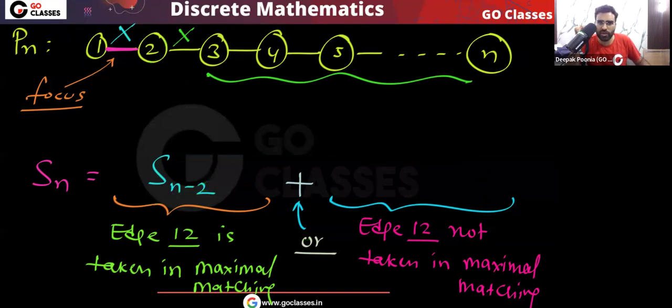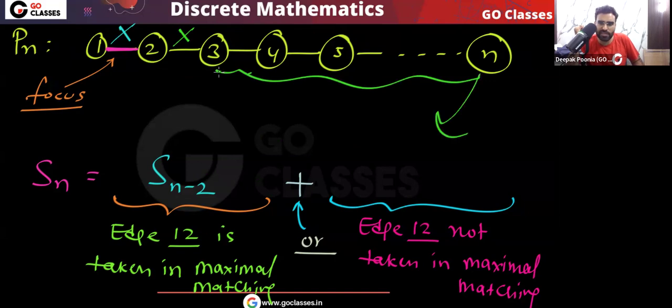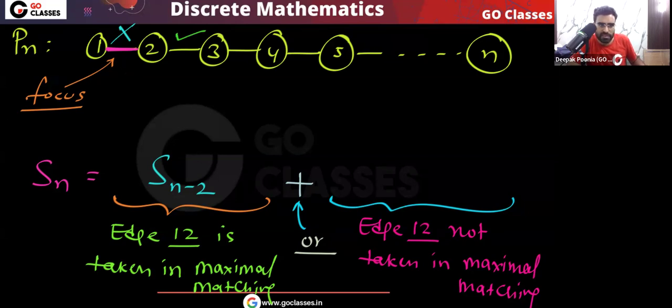So if I don't take this 2, 3 also, then from the remaining graph, whatever matching I will get, that will not be maximal, because I could have added this 1, 2. So I can say that if you don't take this 1, 2, then definitely this 2, 3 you must take. This is actually an implication: from here, this implies that 2, 3 I must take.